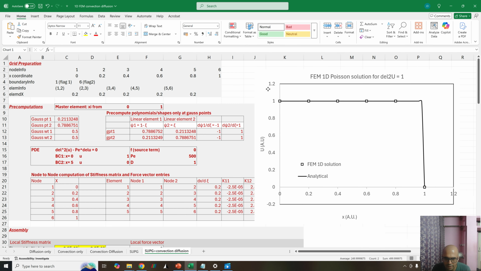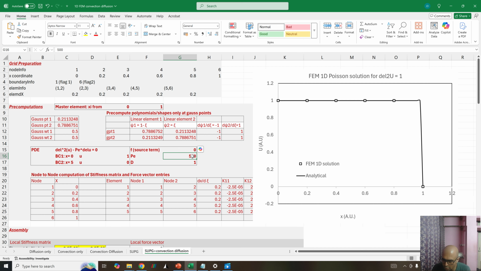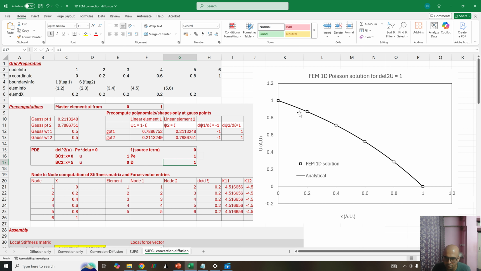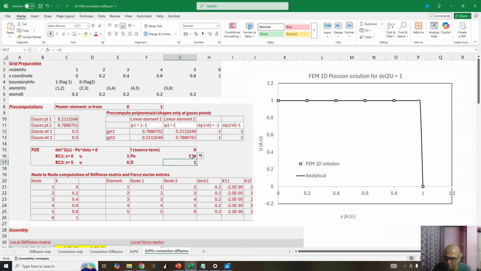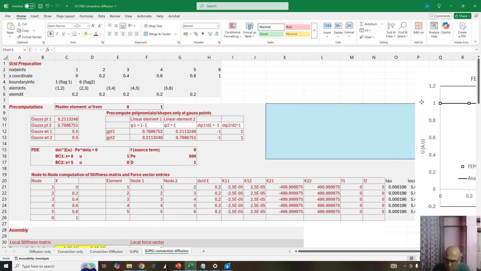Now we can actually look at the solution. Let's try to model this. If I just put Peclet number equal to 1, I'm getting a good fit to the analytical solution. Peclet number equal to 10, 15, 100, 500. So it gives nodally accurate values for any kind of Peclet number. So we have to understand what this tau is here.